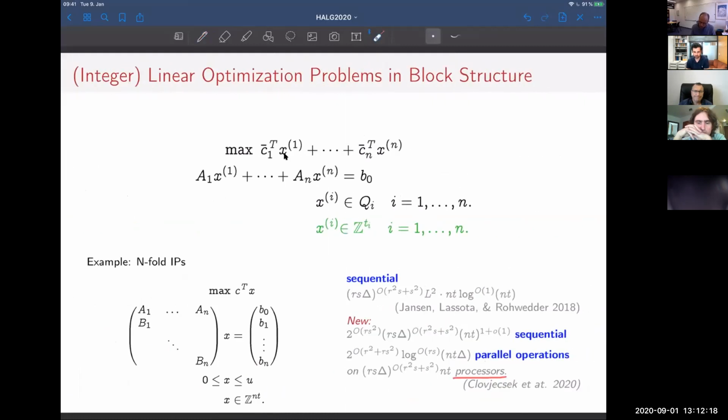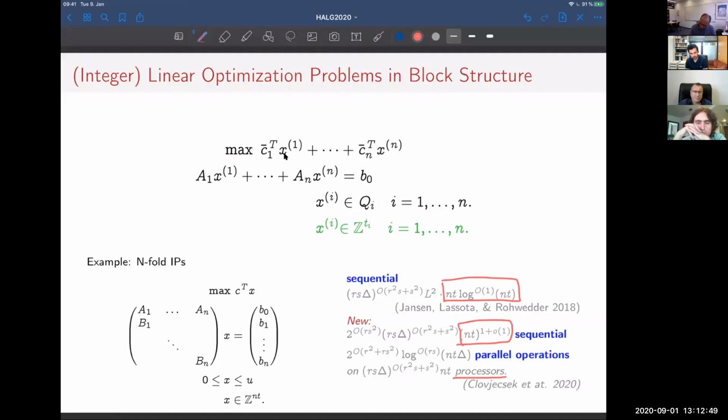So what do I want to show to you now with this framework of Tardos, Plotkin, and Shmoys? We can get a running time like this, and I take it apart for you so that you see what's going on. If we look at the sequential running time, then we have something which is near linear, as it is above for Jansen, Lassota, and Rohwedder.